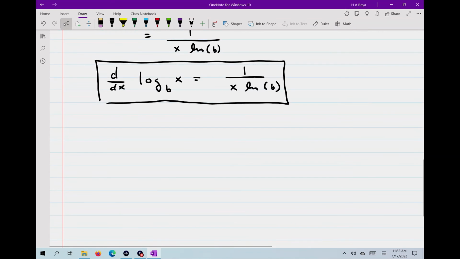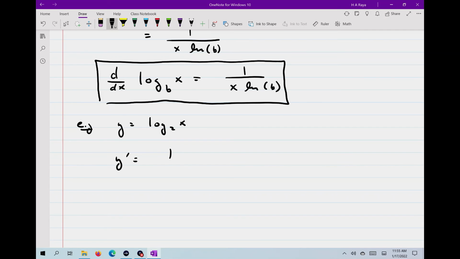As a very quick example, suppose we have y equal to log base 2 of x. Its derivative is simply going to be 1 over x times natural log of 2. Done.